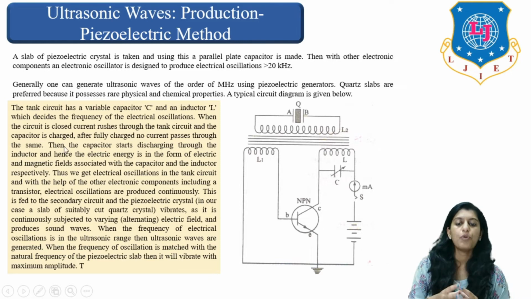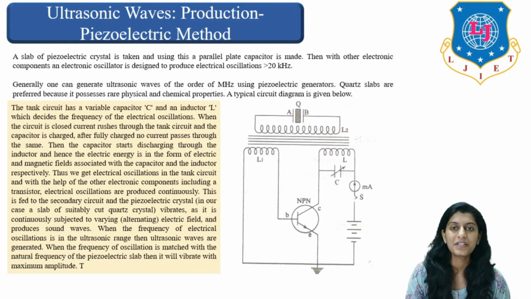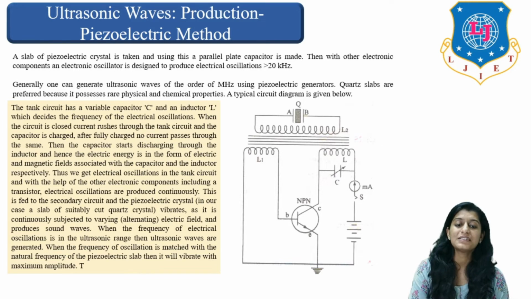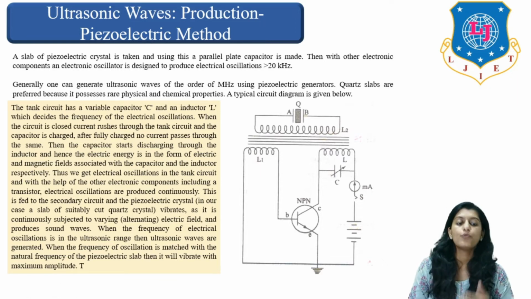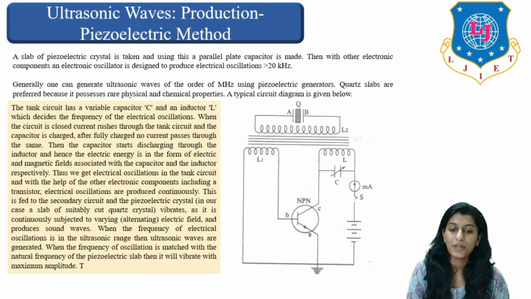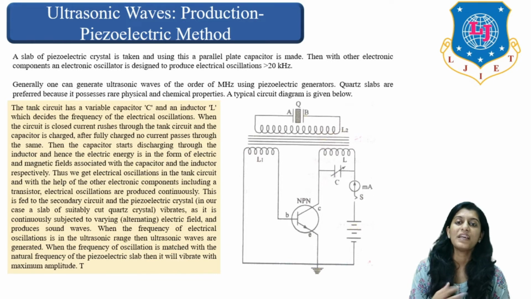So a slab of piezoelectric crystal is basically taken, and then using this a parallel plate capacitor is made, right? So you can see there is a parallel plate capacitor which has been made using the crystal of piezoelectric material. Then with other electronic components such as electronic oscillators and electrical oscillations we will complete the entire circuit.